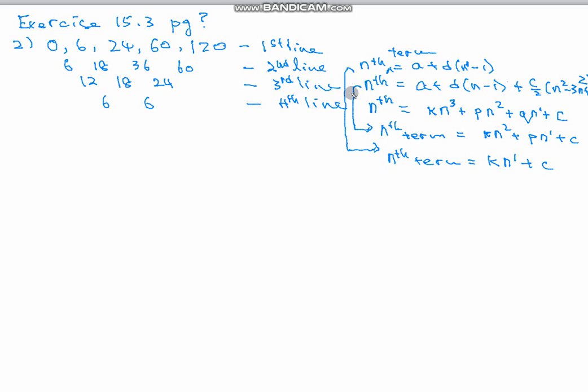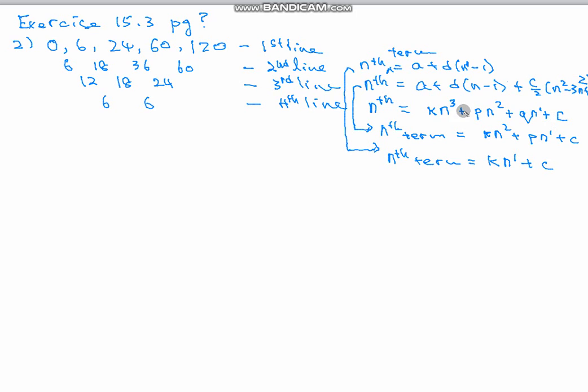Third line constant, which is kn squared plus pn plus c. n squared must be there. n to the power 1 and constant may or may not be there, depending on the sequence. Fourth line constant, it must be n cubed. n squared, n, c may be there, may not be there, depending on the sequence.